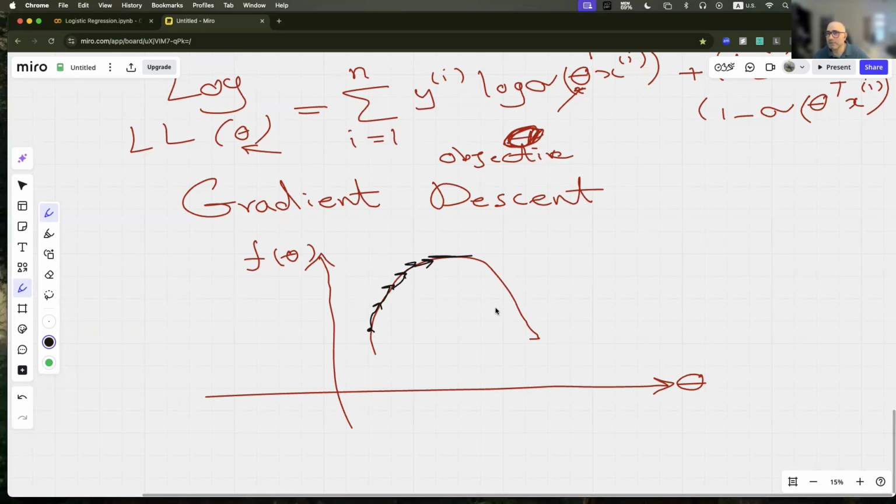This is basically gradient descent. They take the derivative with respect to theta, set it equal to 0, and whatever this value is, theta max, the optimal value is calculated. This is exactly what is happening here, and that value gives us the maximum likelihood. Okay, so how do they do that?